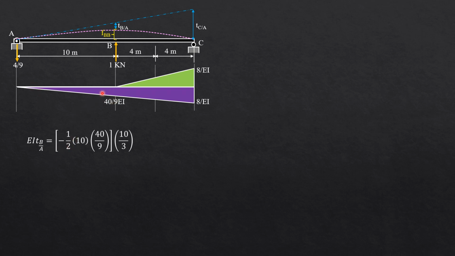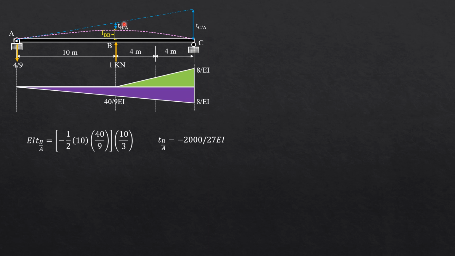So negative 1/2 of 10 times 40 over 9 times moment arm 1/3 of 10, 10/3. So deviation of B relative to A is negative 2000 over 27 EI.